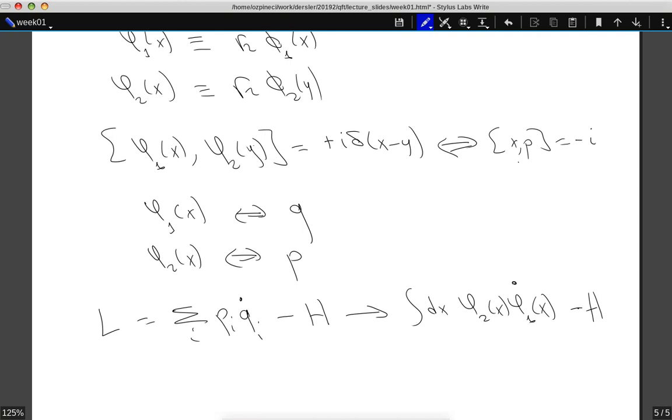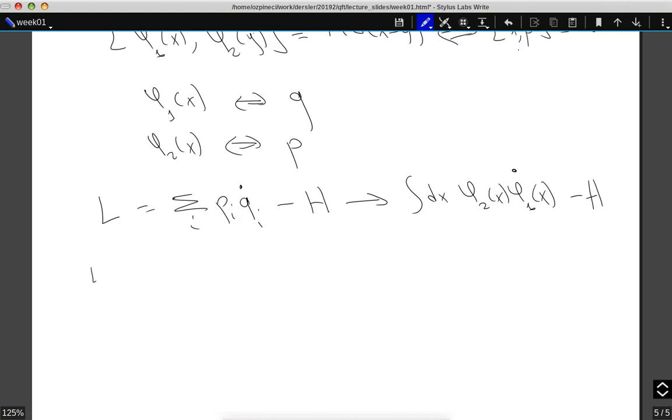I have to express p in terms of q dot, phi 2 in terms of phi 1 dot. Of course, since now I'm talking about the time derivatives of operators, you should understand that we are in the Heisenberg picture, where the operators are time dependent now.